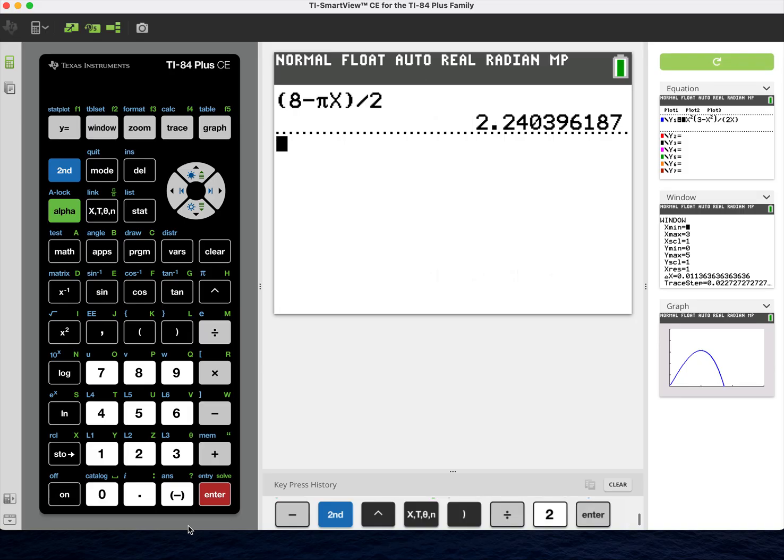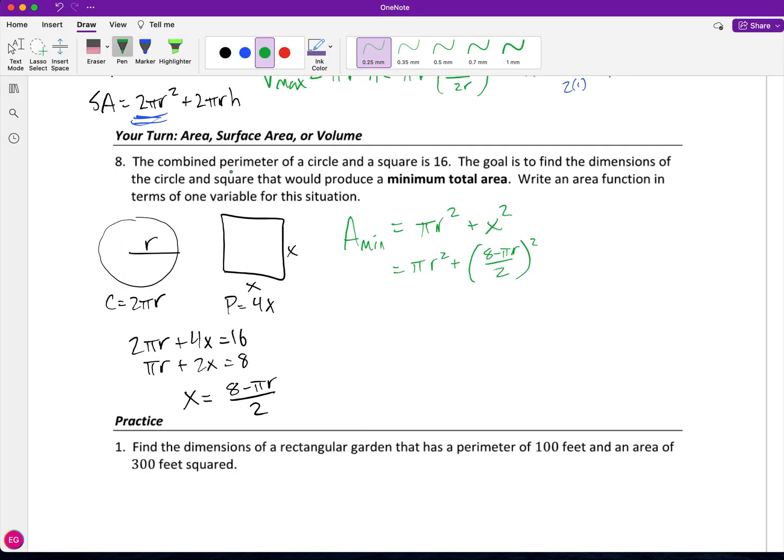And if we're looking for what the actual question's asking for, it didn't even ask us to do this. We were done when we wrote the area function. Why didn't anyone tell me? We could have just stopped right here. But we went through the whole process. So I would say that you would say what the radius is, because that's a good dimension to use, and what a side length is of the square.